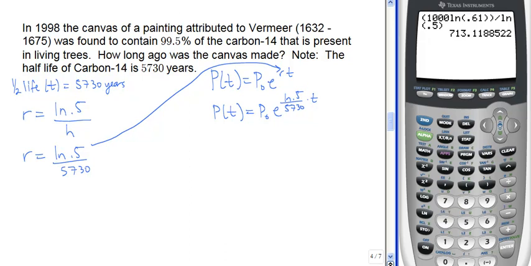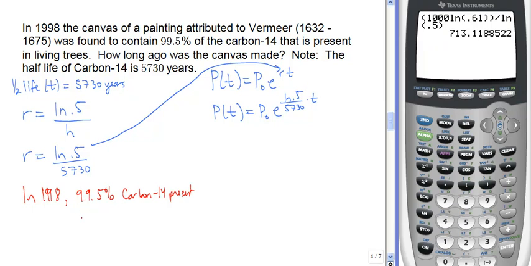99.5%. So in 1998, which is when this painting was found, there was 99.5% carbon-14 present. Now, even though we don't know how much of this carbon-14 was initially present, we do know that in 1998, we have 99.5% of it left.